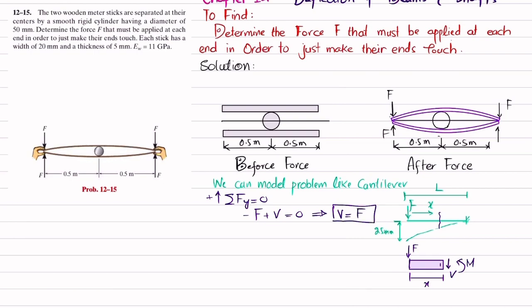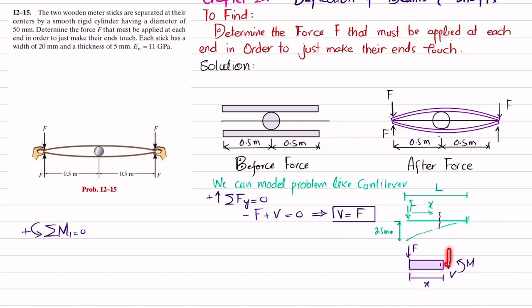Now we will find this moment as well. The sum of all moments about point 1 is equal to 0, taking counterclockwise moment as positive. About point 1, one moment is this external reaction moment, which is counterclockwise, so it will be positive. Another moment will be F into X, and that is clockwise, so it will be negative.